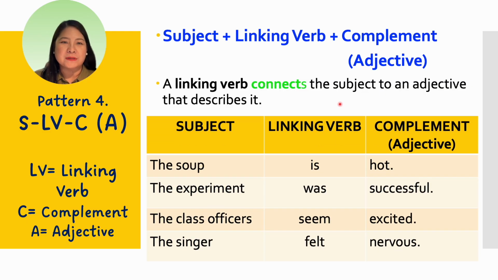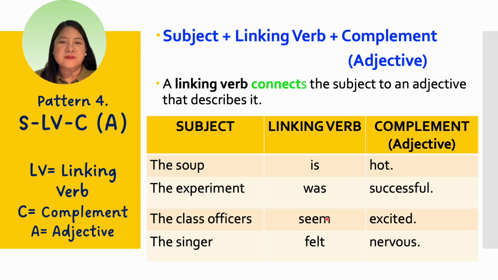For example, subject, linking verb, complement, adjective, sentence 1, the soup is hot. Subject, the soup, linking verb, is. Hot is describing the soup. The experiment was successful. Successful, modifying the experiment.